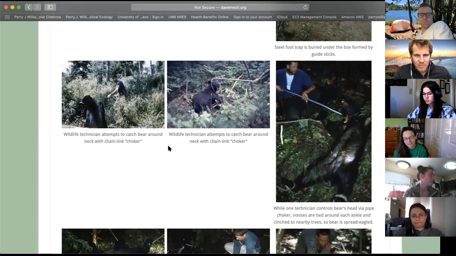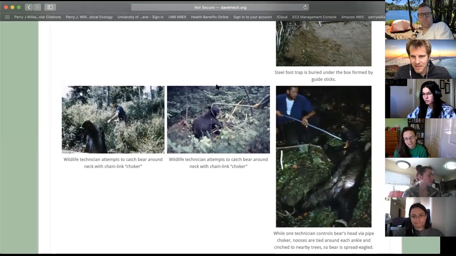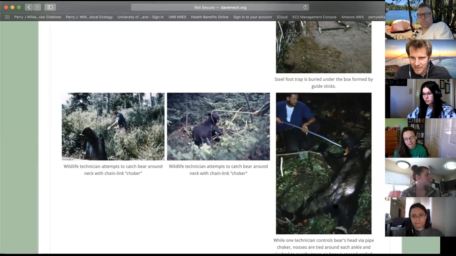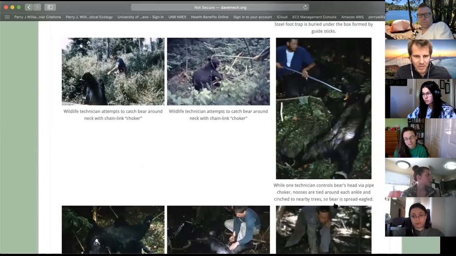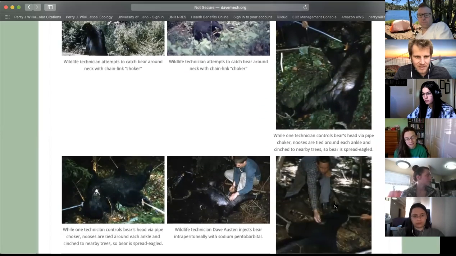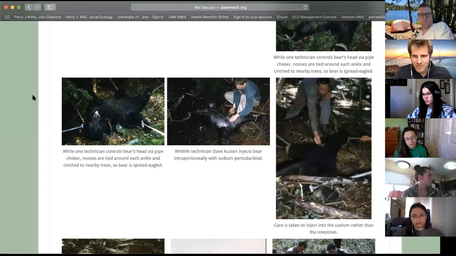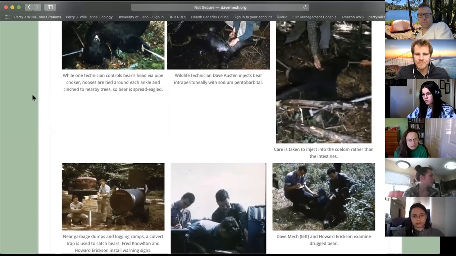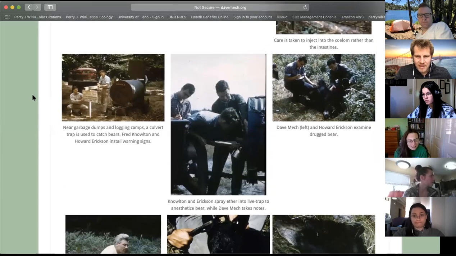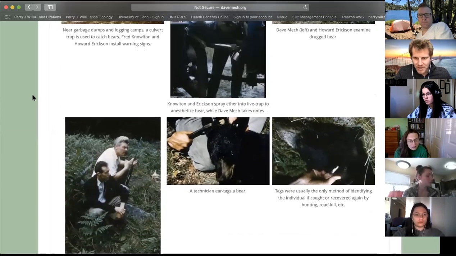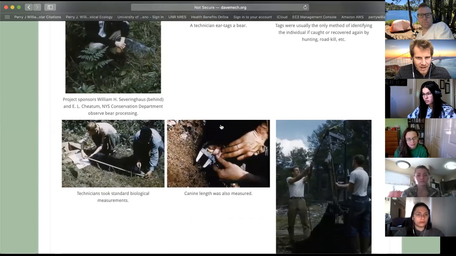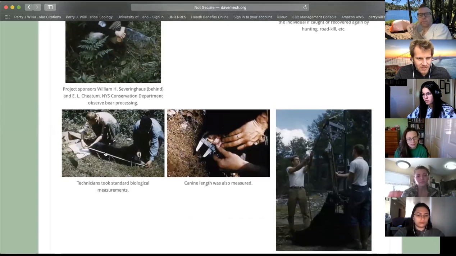Okay, so you have bears that they capture. Once captured, they put a neck snare around them. They tie him down by roping up all of his legs, and then they sedate him using, I don't know what they would use then. I'm sure it wouldn't be approved now. They capture him, sedate him, mark him with ear tags, and take some measurements like snout length and tooth length.